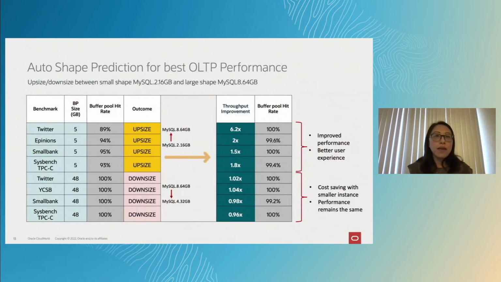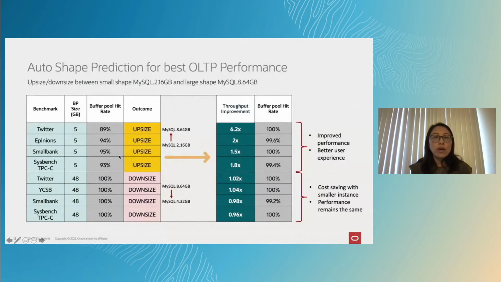So here's an example we have done. We have a bunch of benchmarks that we run. On the top 4 rows, you can see we are using a small instance in MySQL HeatWave, a 2 vCPU 16 gigabyte instance. And when we run the benchmark, you can see here the buffer pool hit rate is not at 100%.